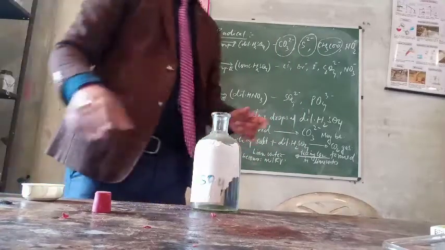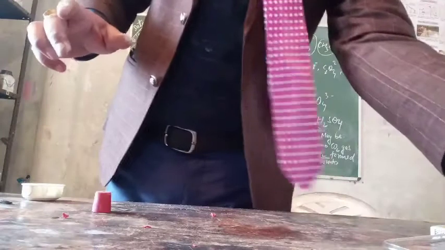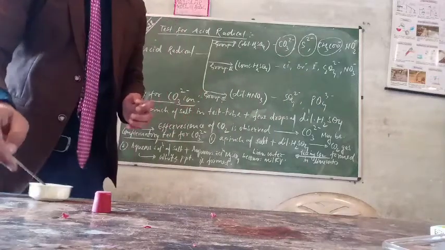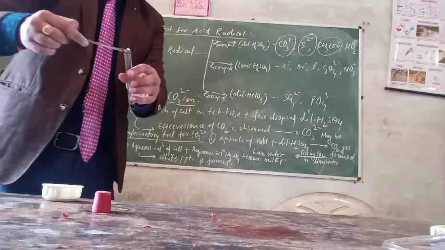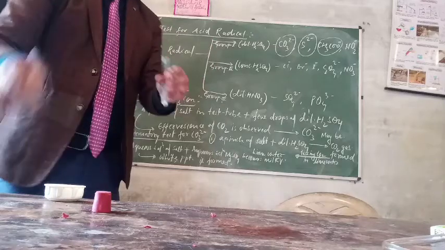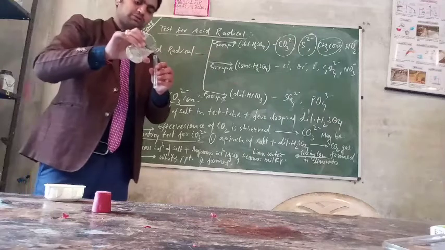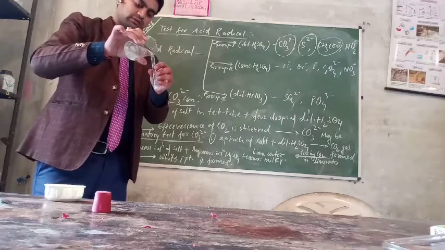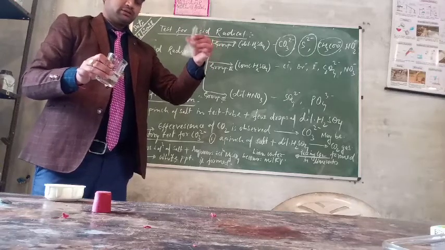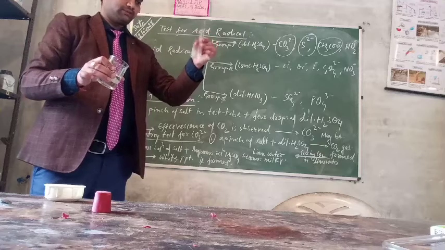given salt. Once again, for the second confirmatory test, we take some water in a beaker. We prepare the aqueous solution of the salt. First we take the salt into the test tube and then we add water to form the aqueous solution. After shaking it, we will get the aqueous solution of the salt.